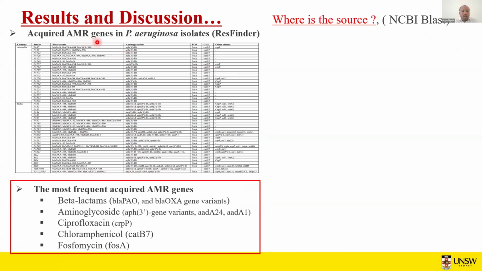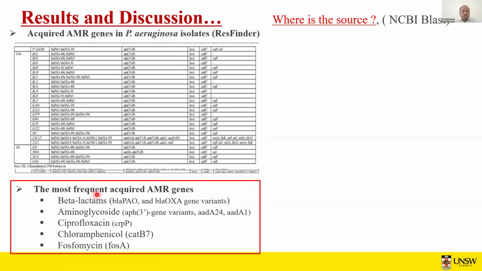We also identified the acquired antimicrobial resistance genes in Pseudomonas aeruginosa isolates using ResFinder, and we found some beta-lactam resistance genes like blaPAO and blaOXA gene variants, as well as different resistance genes for aminoglycosides, fluoroquinolones, chloramphenicol, and fosfomycin.